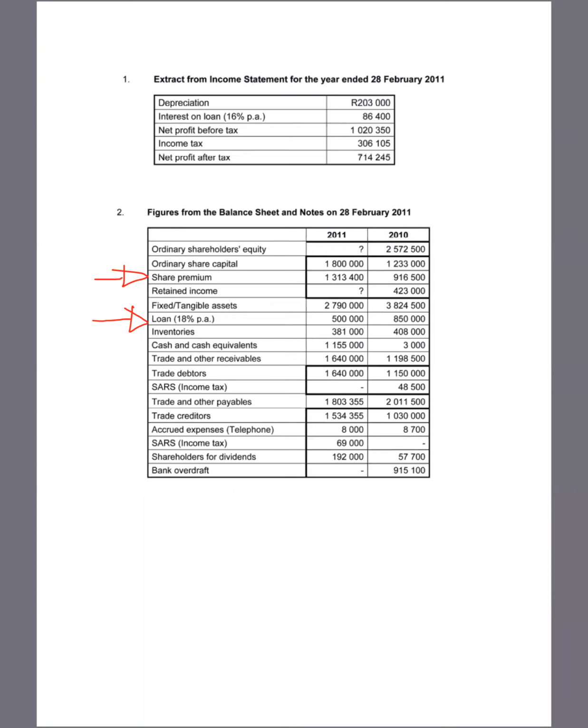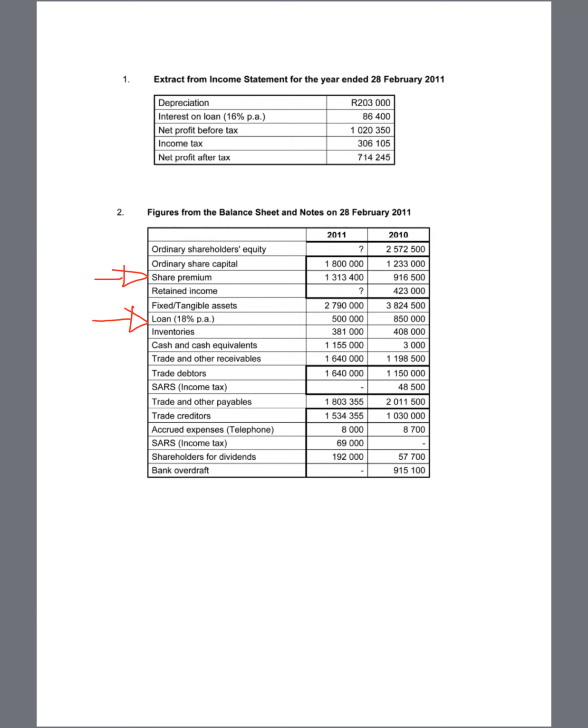And when you issue shares, they buy shares from you, right? So that means money is coming in. So do you put it in brackets or not? You're not going to put it in brackets, right?